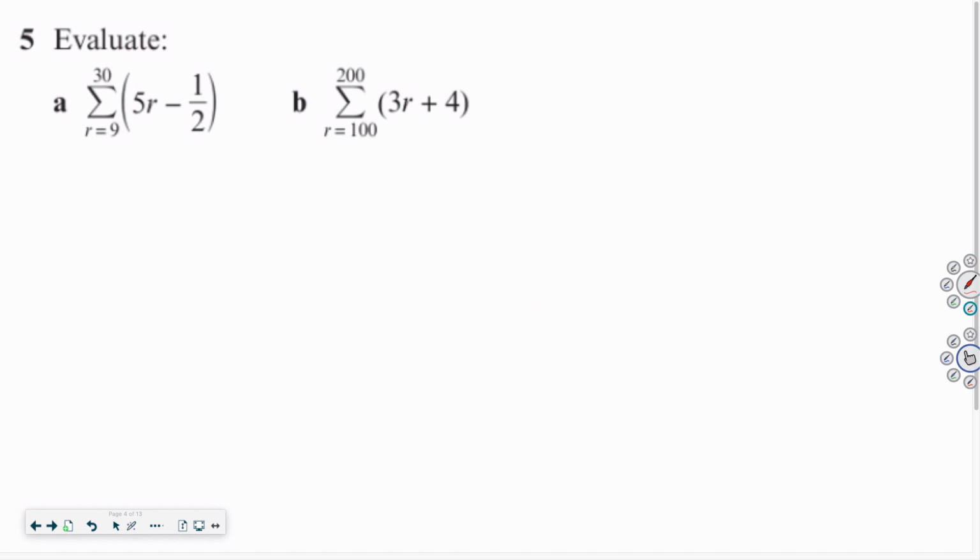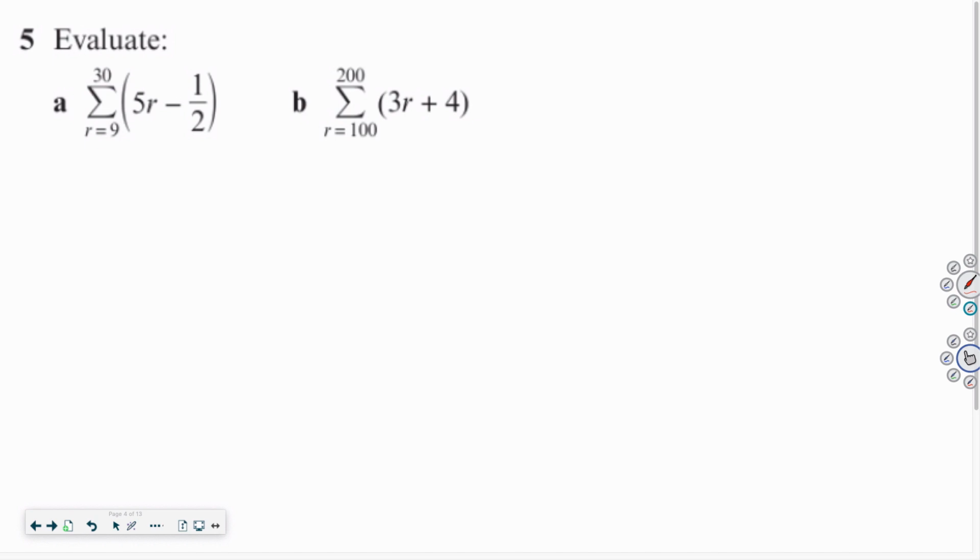Looking at the next question, we want the summation of 5r minus a half from r equals 9 to r equals 30. Now there's two ways that you can actually do this. You can split up using the information that we previously learned, where we split up so that both counters start at 1. Or we can say we're going from r equals 9, so the 9th term, to the 30th term.